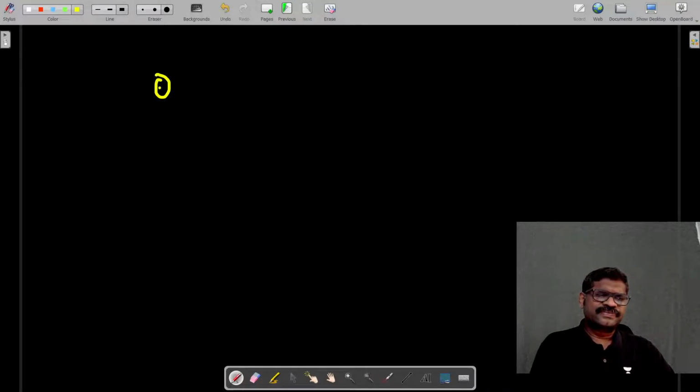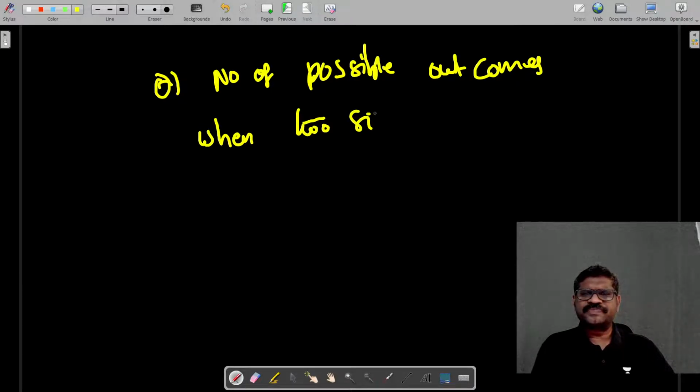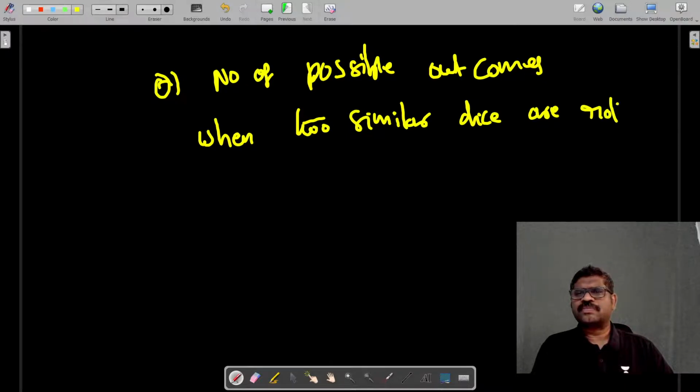Number of possible outcomes when two similar dice are rolled.